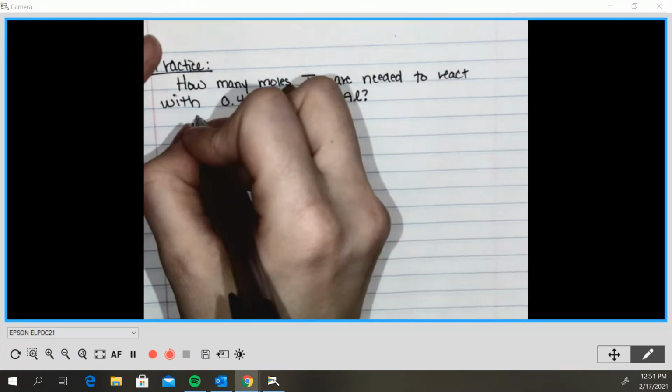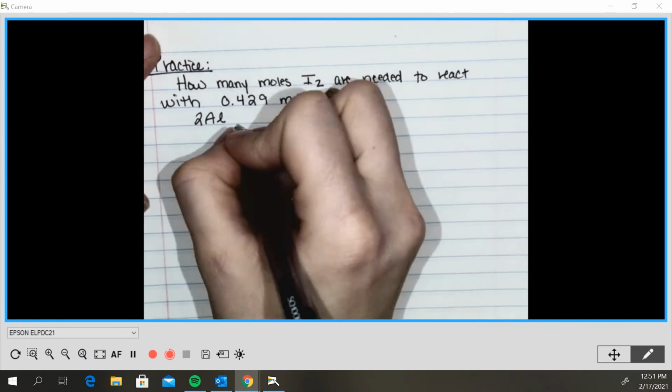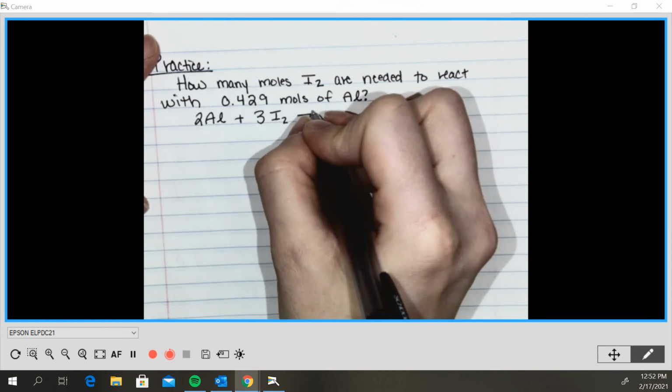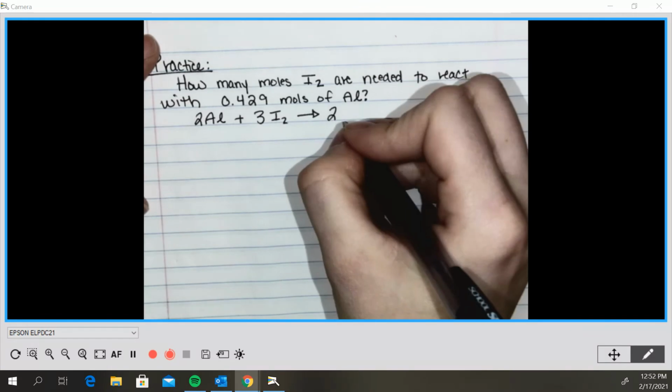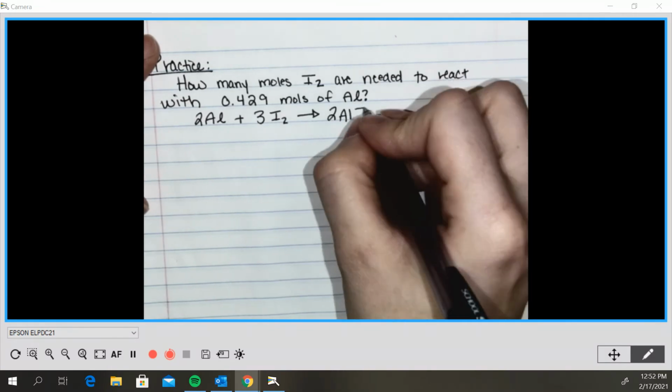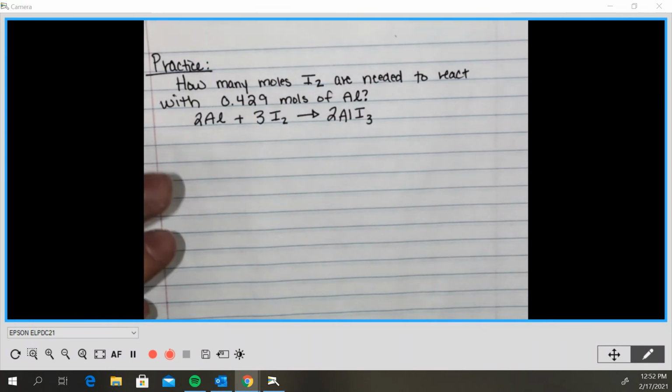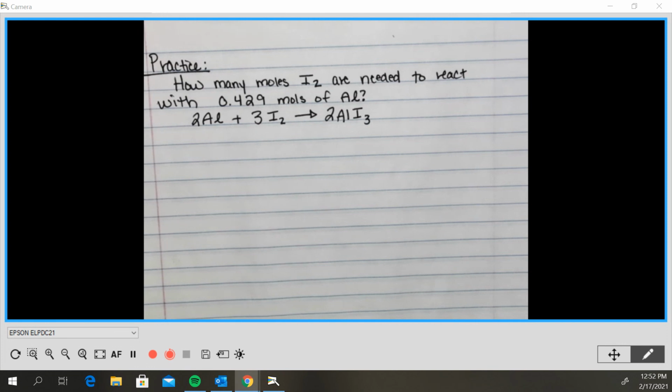Your equation is 2Al plus 3I2 gives us 2AlI3.